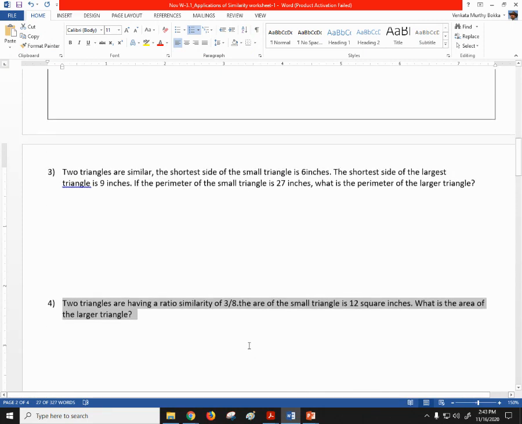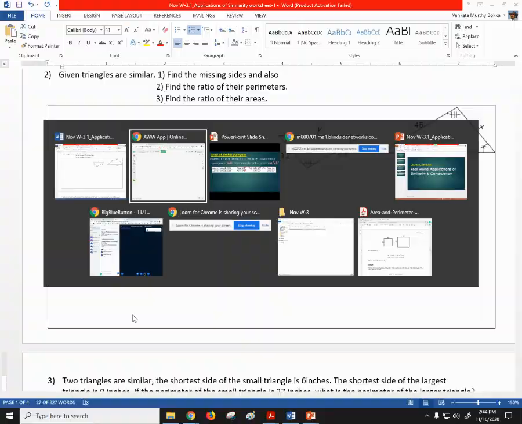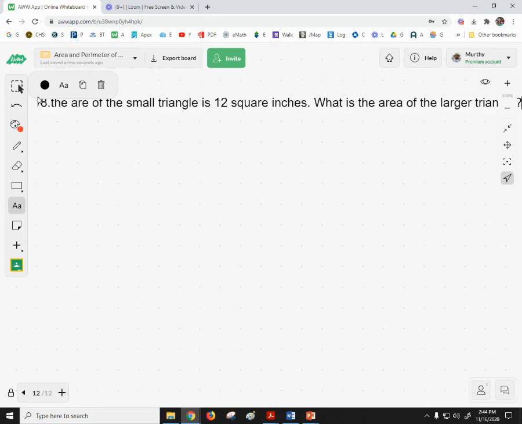Maybe this is fine. Yeah, this is fine. Let me copy the question here. So, what is the area? Is it a typo error?